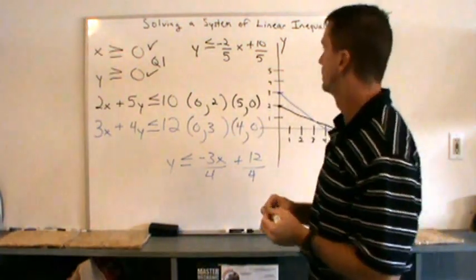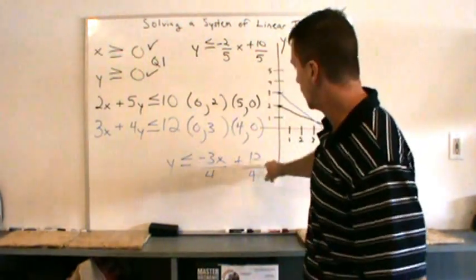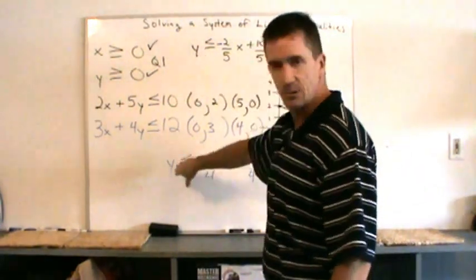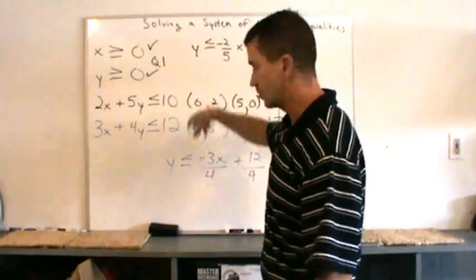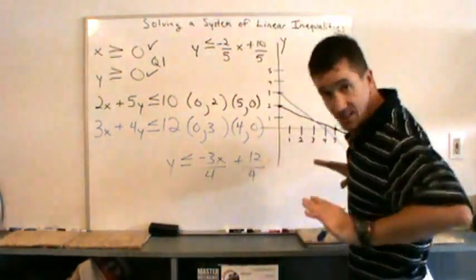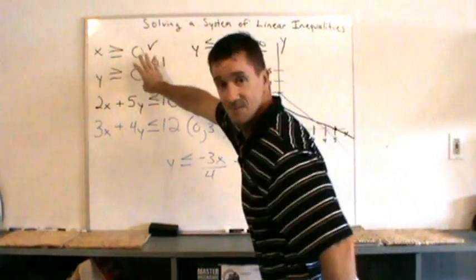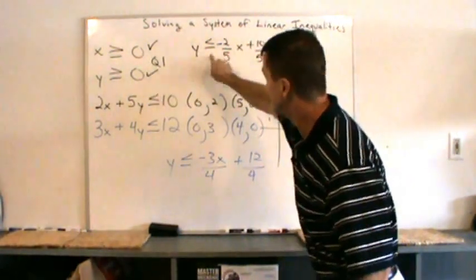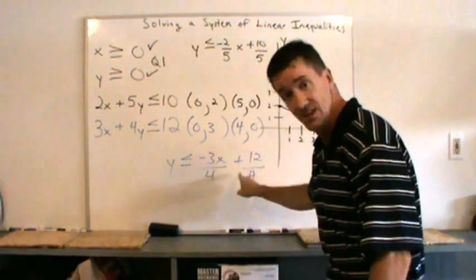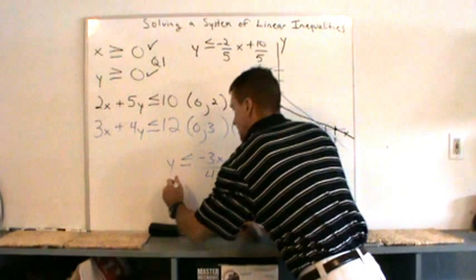And yes, 10 over 5 is 2, 12 over 4 is 3. But we notice when we isolated y in each one of these inequalities, we're talking about all points limited to quadrant 1 that are underneath this black line and underneath this blue line. Yes, this means underneath.